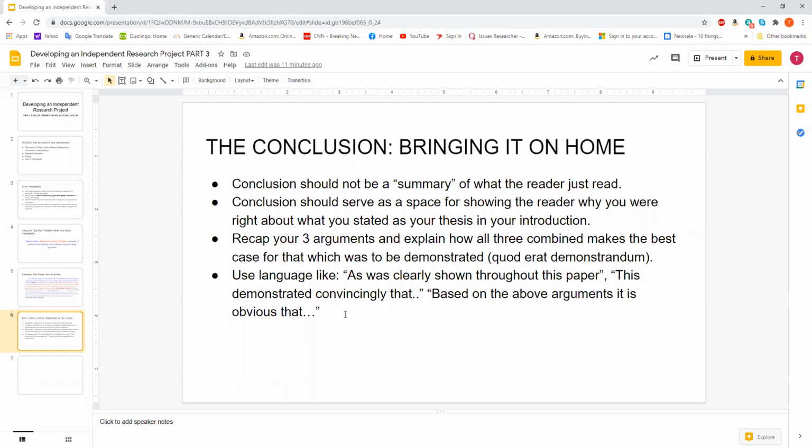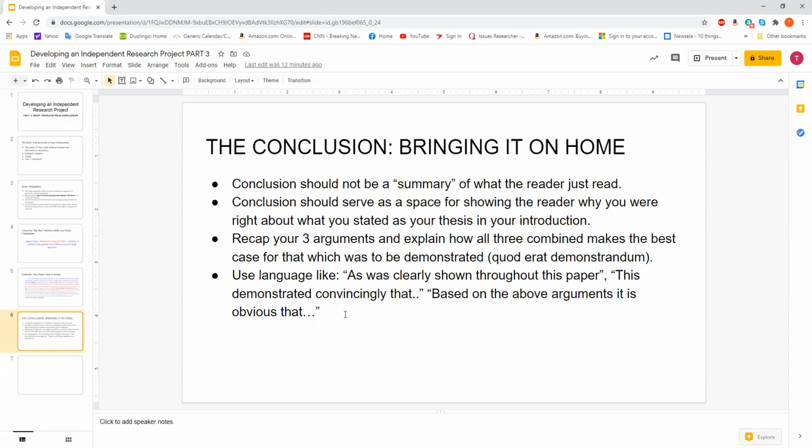You really want to drive the point home again to your reader that what you theorized in your thesis statement way back in the introduction, you've worked hard to prove with research and strong arguments. Now that we're at the end, you can stand back and say, I was right, and you have to acknowledge it. You sort of have that kind of mindset.